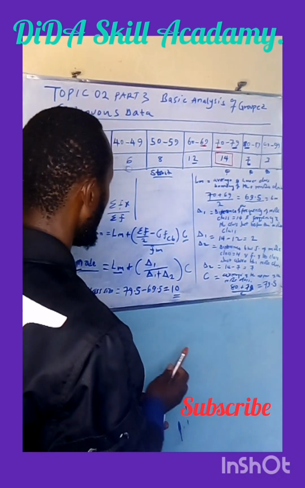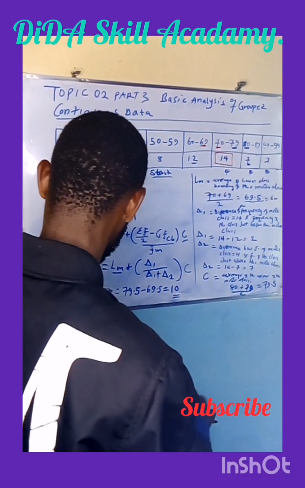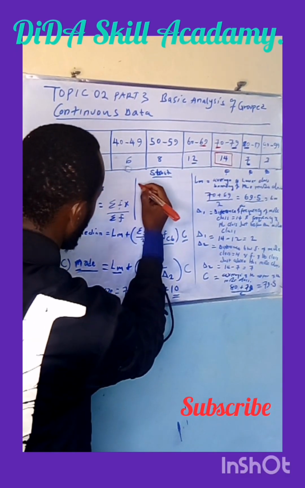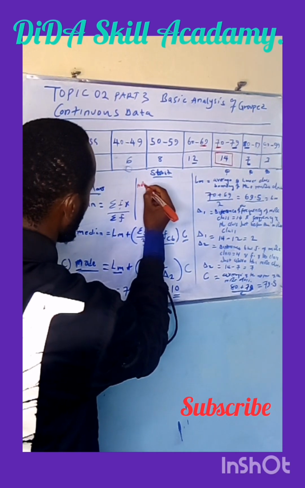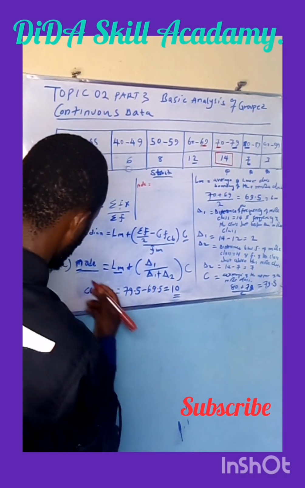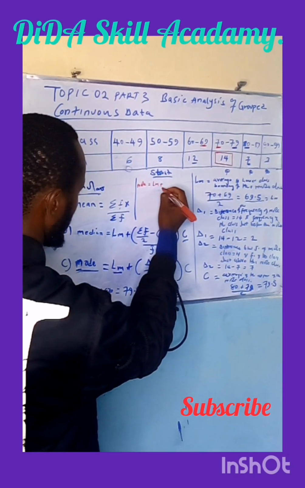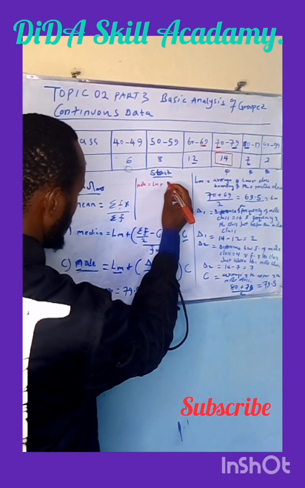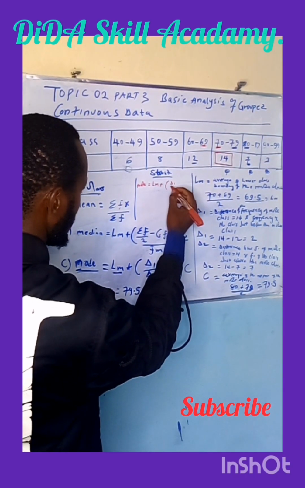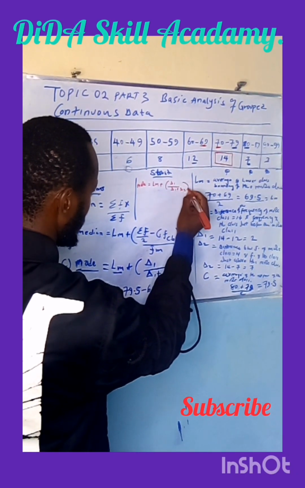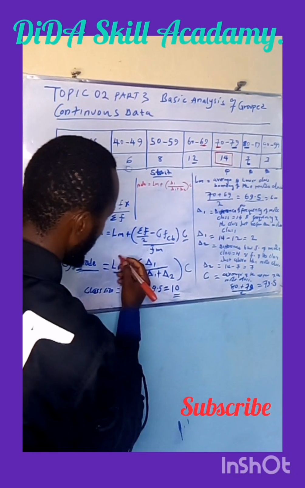And now we have our formula here, where the mode is equal to Lm plus delta 1 divided by delta 1 plus delta 2, multiplied by the class size.